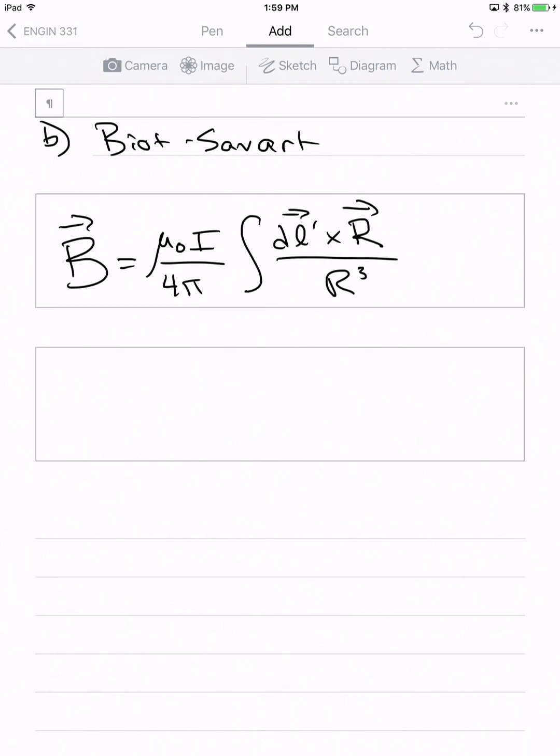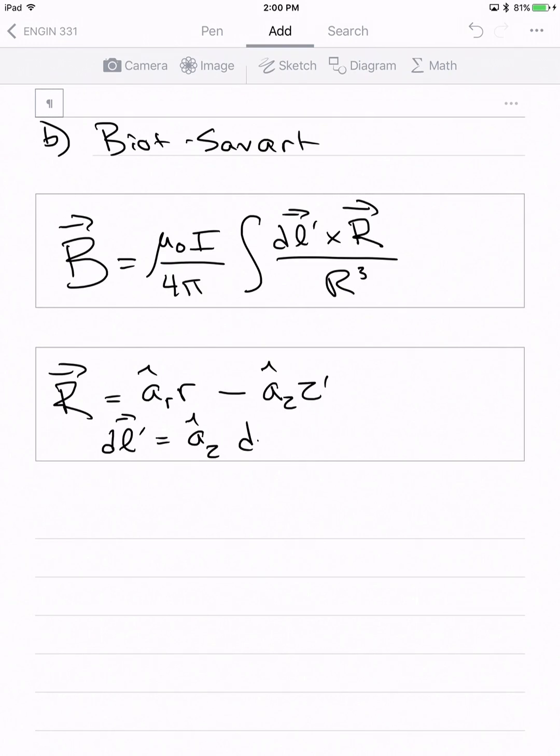For this situation, remember that the vector R is equal to a hat r times r minus a hat z times z prime, and dl prime is equal to a hat z dz prime.